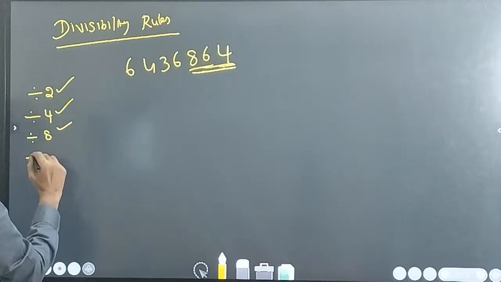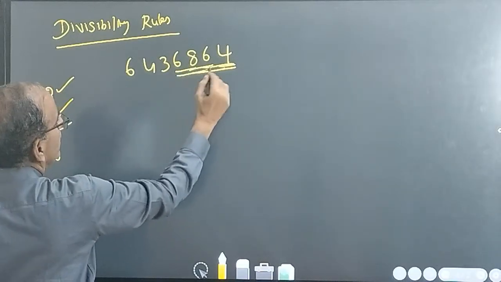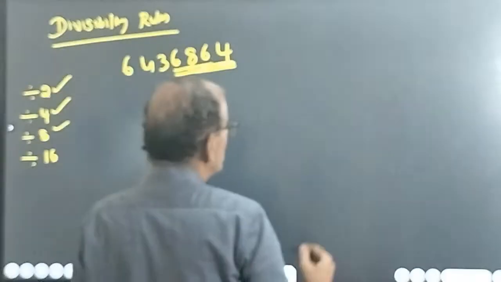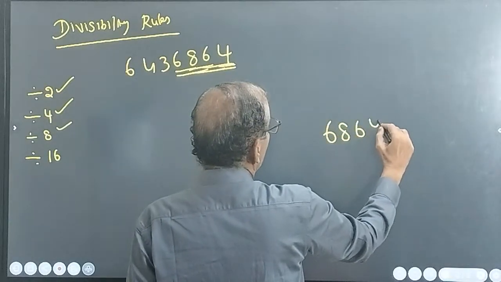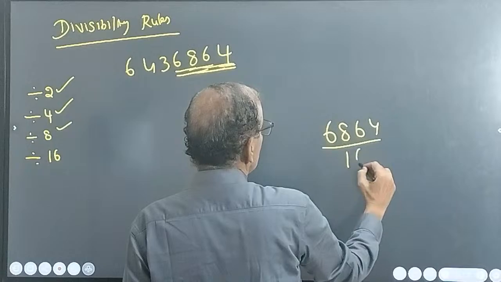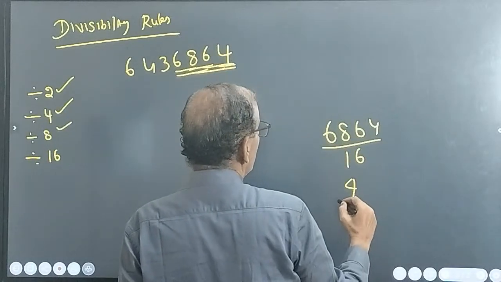Now to be divisible by 16, I have to see 4 digits. 1 digit, 2 digit, 3 digit, 4 digit. Take 8, 6, 4 and then divided by 16. 4 16s are 64.